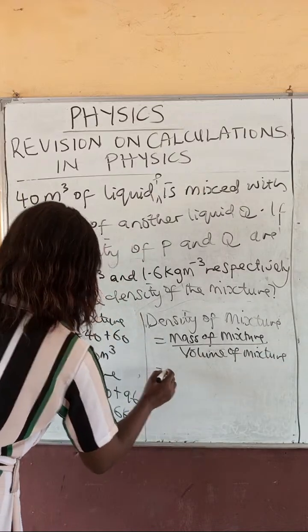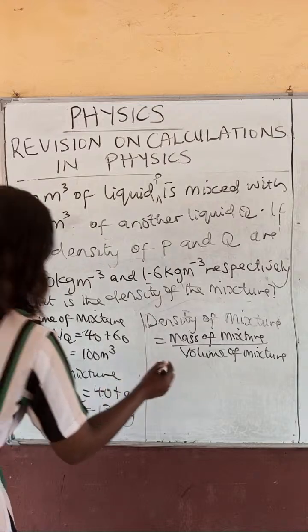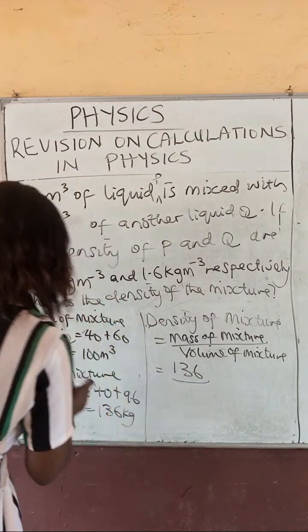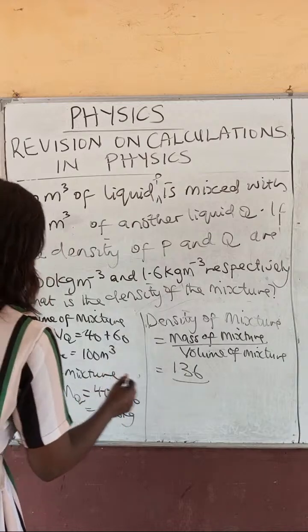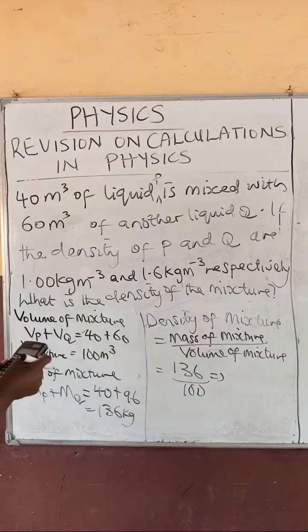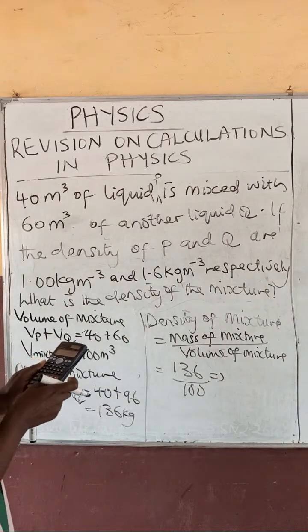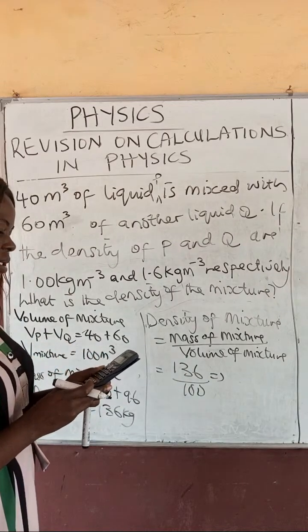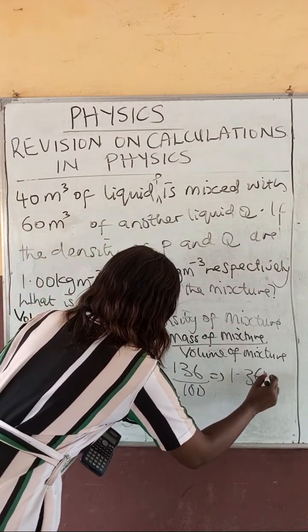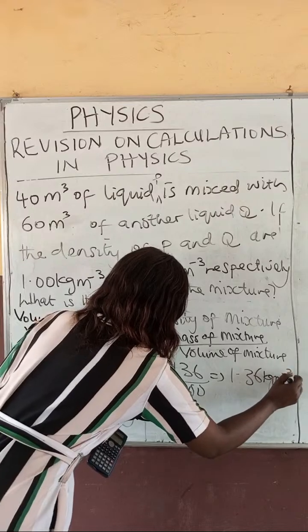What's my mass? My mass is 136, divided by my volume, which is 100. So let's divide 136 by 100. What do we have? I have 1.36 kilogram per meter cube.